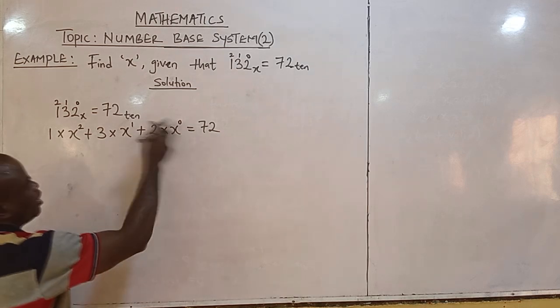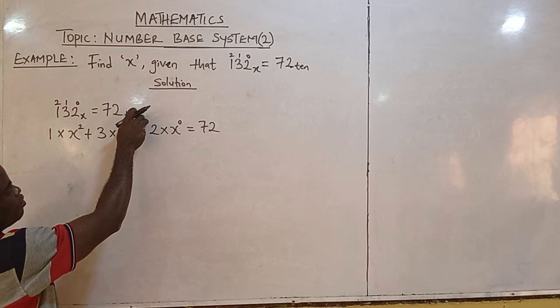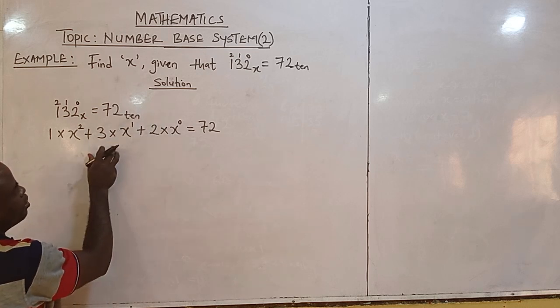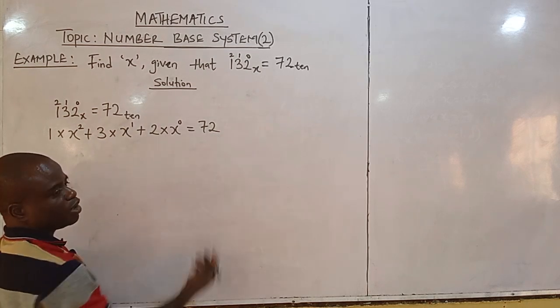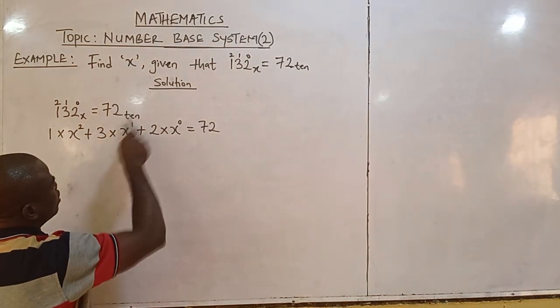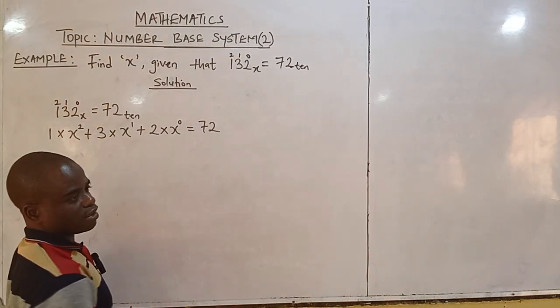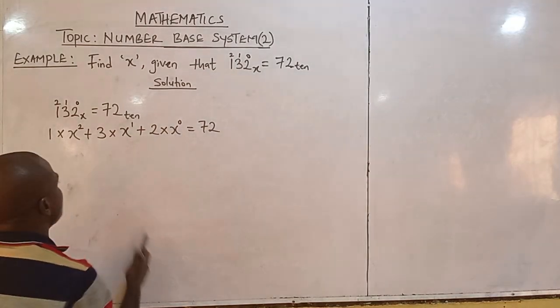If you are given the other side in base 5, you have to multiply it like this. The way you do it to the left hand side, you do it to the right hand side, so that everything will be in base 10. But the number at the right hand side is already in base 10, so you don't need to do any multiplication, just leave it the way it is.